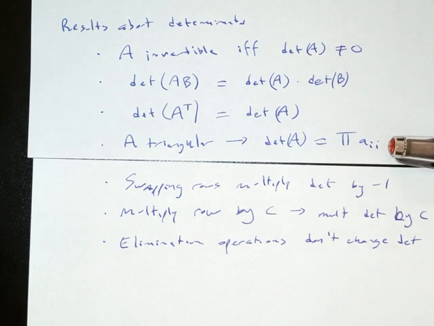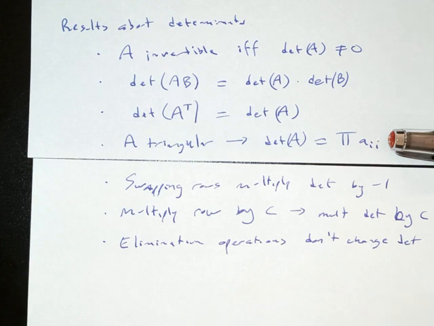But let me put all of this together. Let's take any matrix that I want to find the eigenvalues for. I could do some row operations to make it triangular, right? Once I've kept track of that, I just have to look at what's on the diagonal. And then I know what the eigenvalues are.